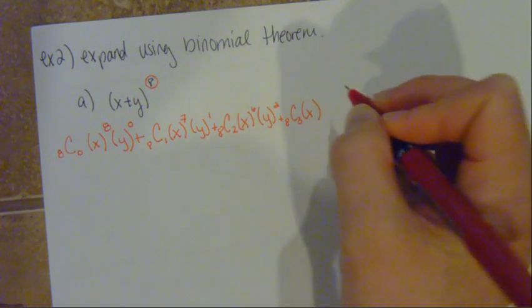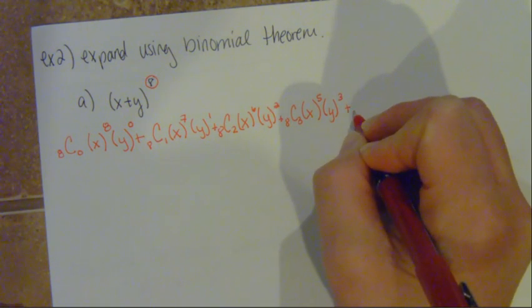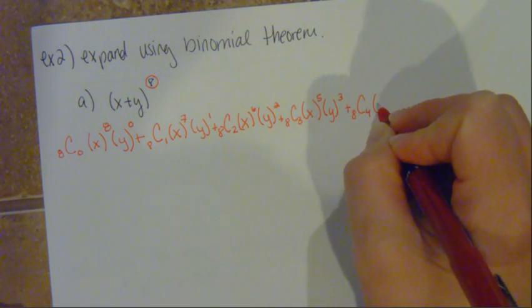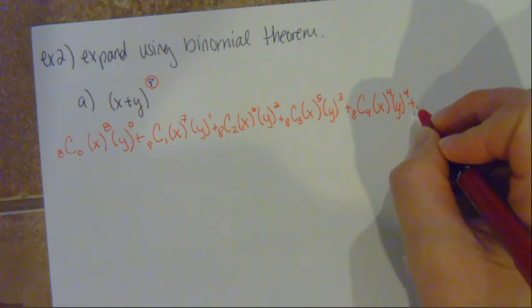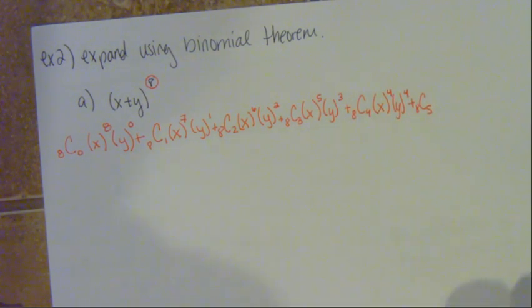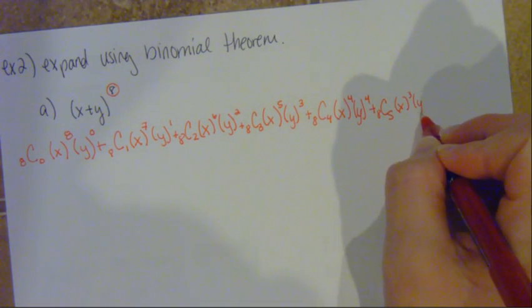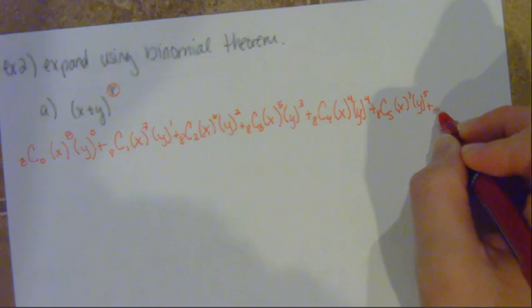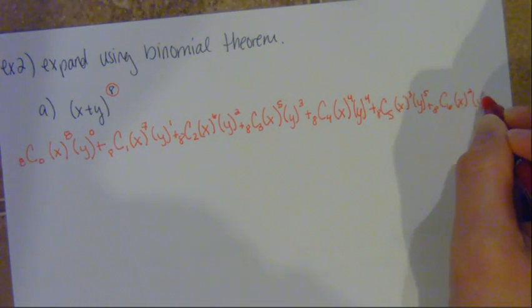8 choose 3, x to the 5th, y to the 3rd, 8 choose 4, x to the 4th, y to the 4th, 8 choose 5, x is going down to 3, y is going up to 5, 8 choose 6, x is going down to 2, y is going up to 6.